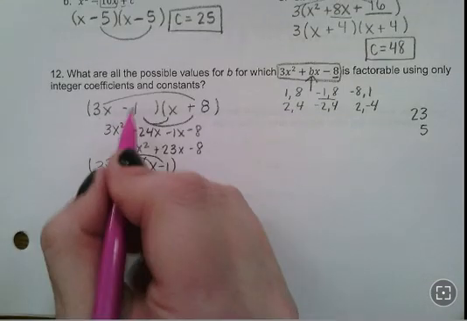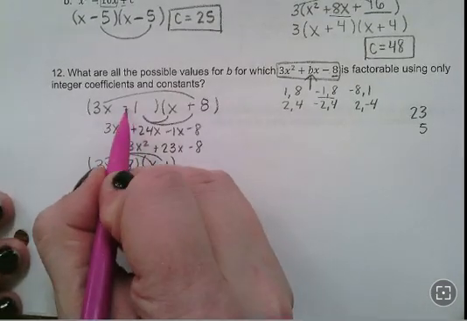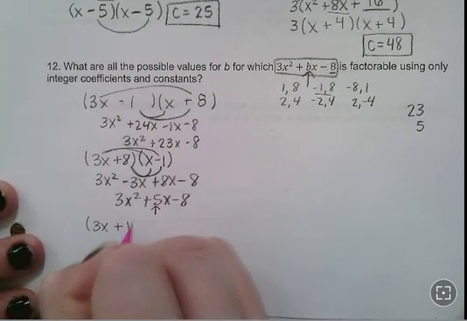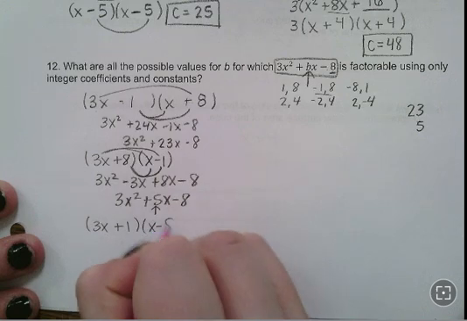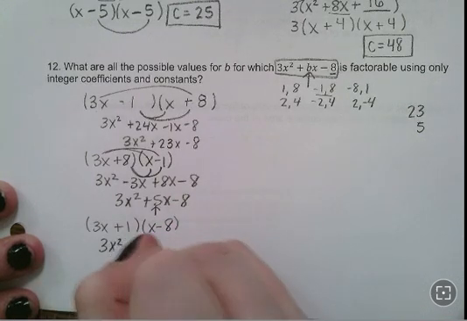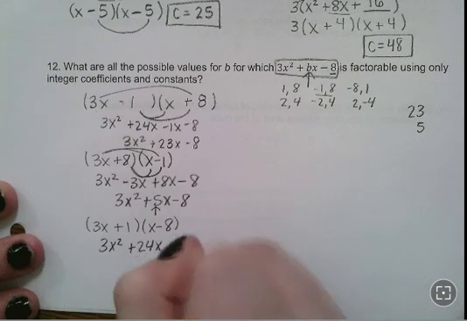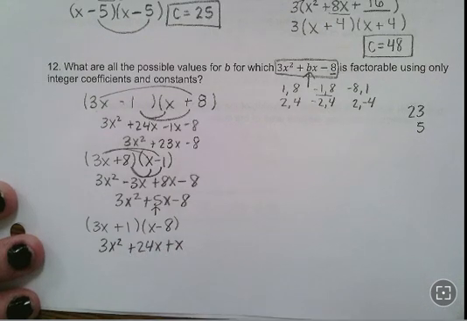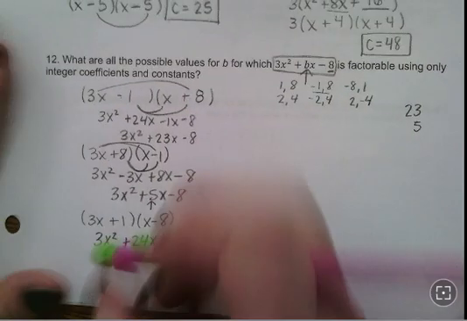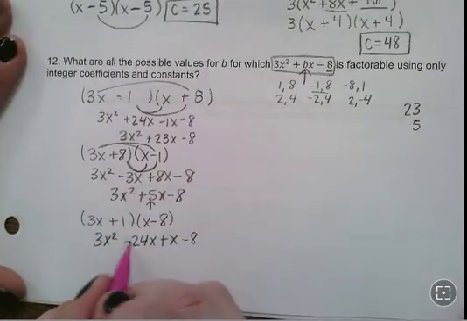Okay, so now what if we did a positive 1 and a negative 8? So 3x plus 1 and x minus 8 would give you 3x squared plus 24x plus x minus 8. Oh, sorry. This should be a negative 24x.